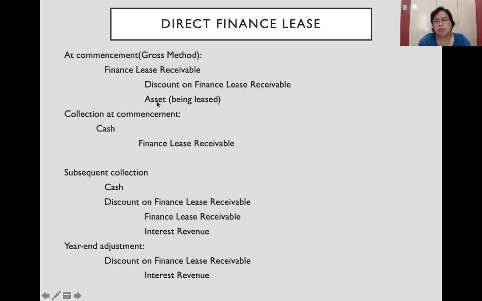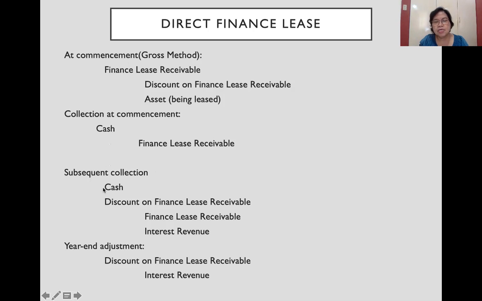In most cases, the payment of the rental is made in advance. So for the collection at commencement, the entry is to debit cash, credit finance lease receivable. Please take note that there is no interest that is recorded here because this is made at commencement, so there is no time lapse. Hence, no interest income. However, in the subsequent collection, because there is time lapse already from the date of initial collection to the date of the subsequent collection, then there is an amount that will be reported as interest income.